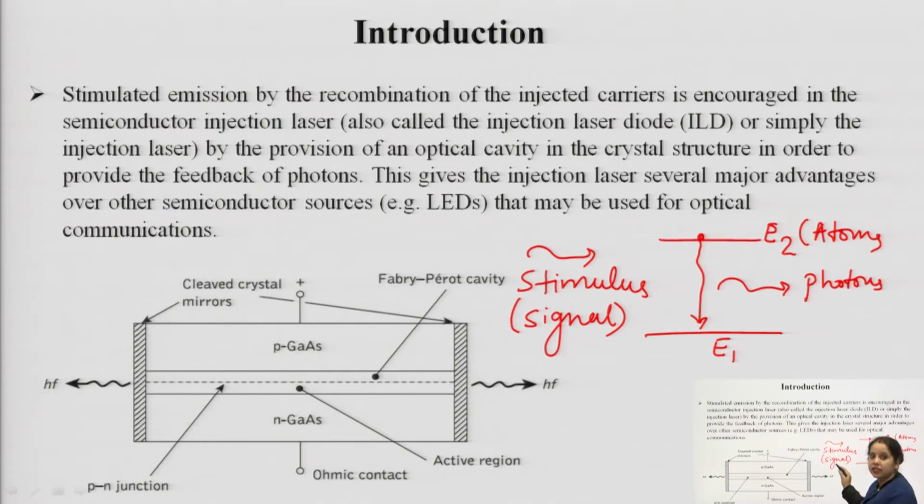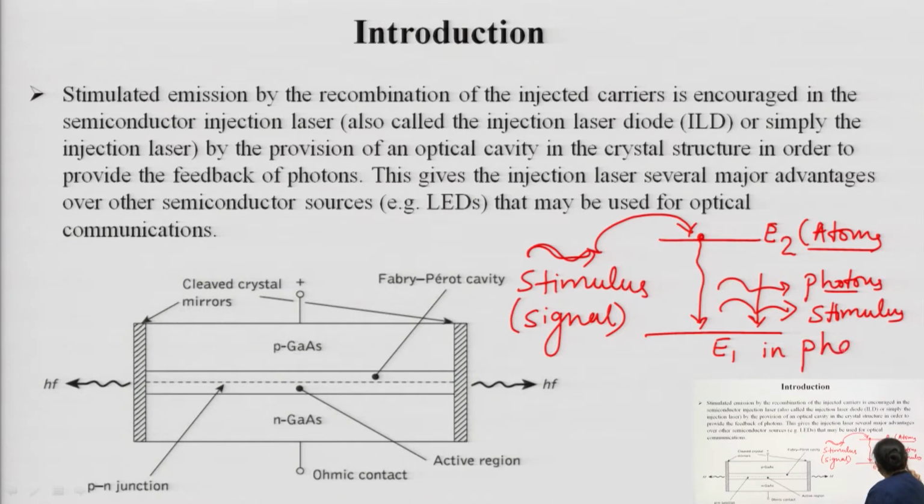When we provide the external stimulus, it excites the transfer of atoms from the higher energy level to the lower energy level, and in the process it emits a photon. The stimulus is also emitted with the photon, and both are in phase. That is why we can say that the light emitted from the laser is coherent, and the laser is itself called a coherent source of light.